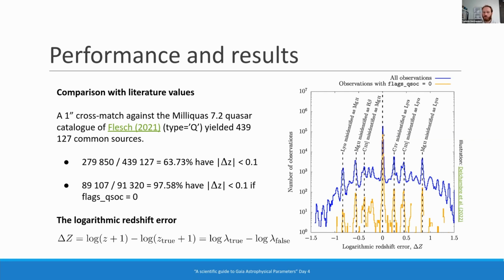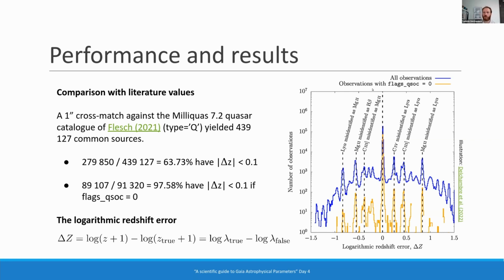Actually, we have a smooth background of wrong prediction. In order to remove this background, we can simply ask only for a prediction that does not raise a warning flag. And we see that directly we are conserving many correct predictions, but removing this smooth background.